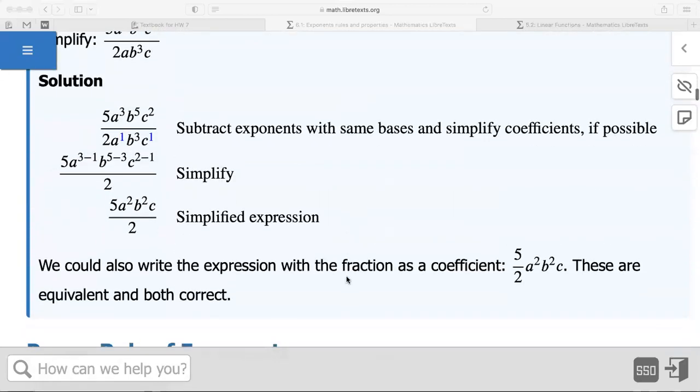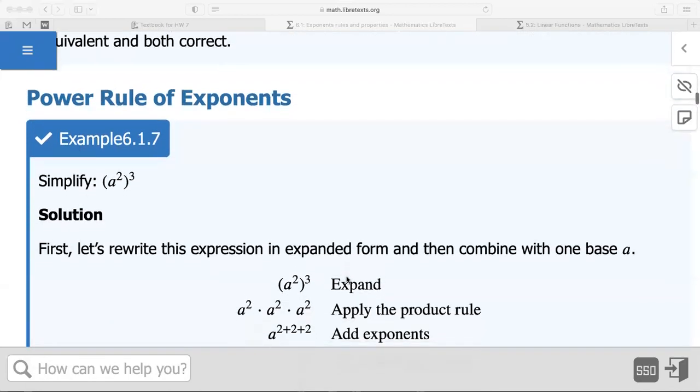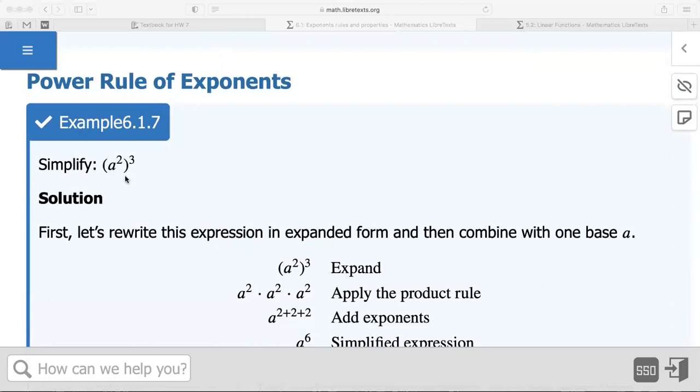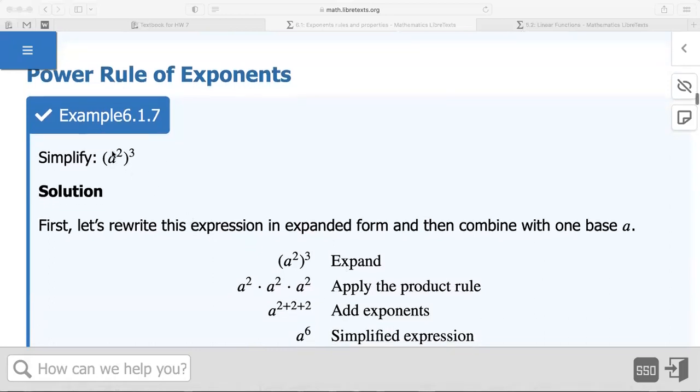And then we go down here. You have something called the power rule. What does that mean? I have a to the second, and the whole thing raised to the third power. First I'm going to do a to the second times the third. That means I have a squared times a squared times a squared, 3 times. Then we use the product rule from earlier, we add 2 plus 2 plus 2, so it equals 6.